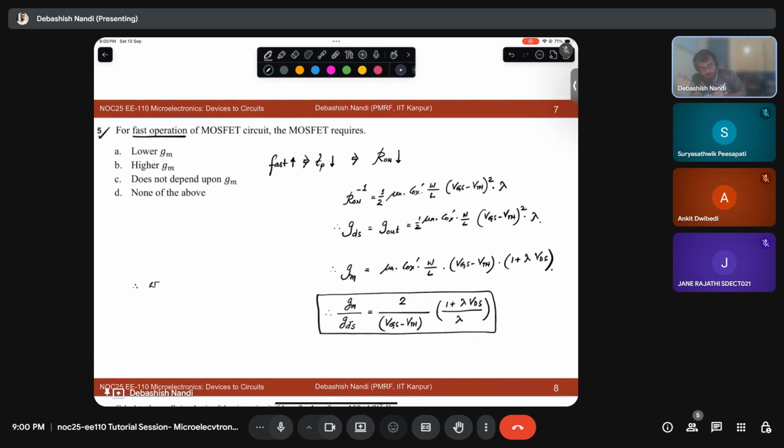So when VGS is equal to VDD, for example, and your VDS is equal to VDD, at on stage or at off stage, in any fashion, you can see that your GM is proportional to GDS. That is proportional to 1 over R on. That is proportional to 1 over TP.